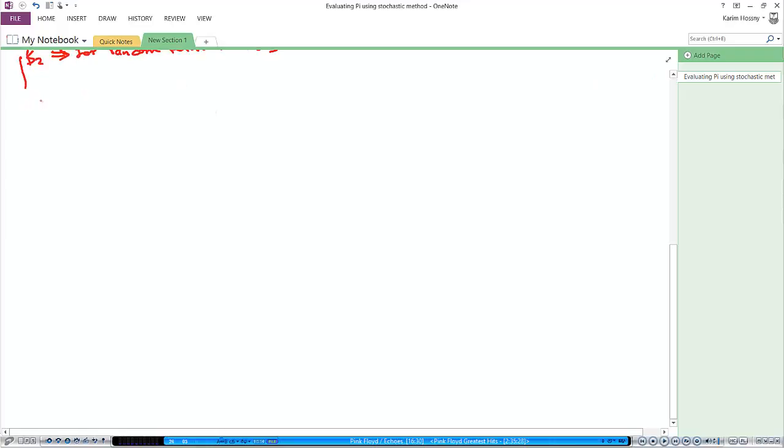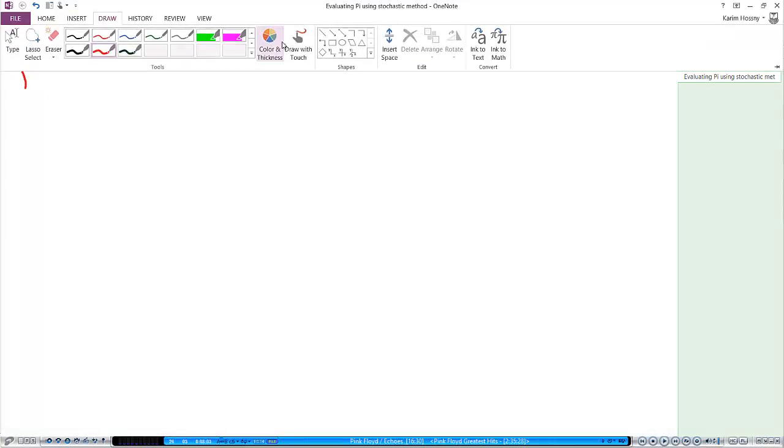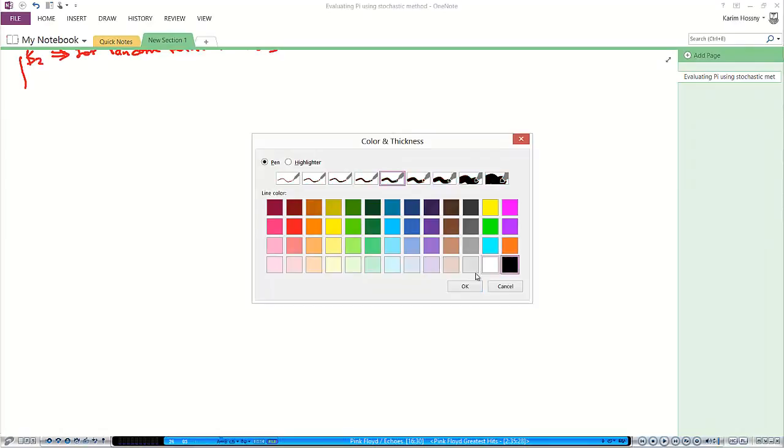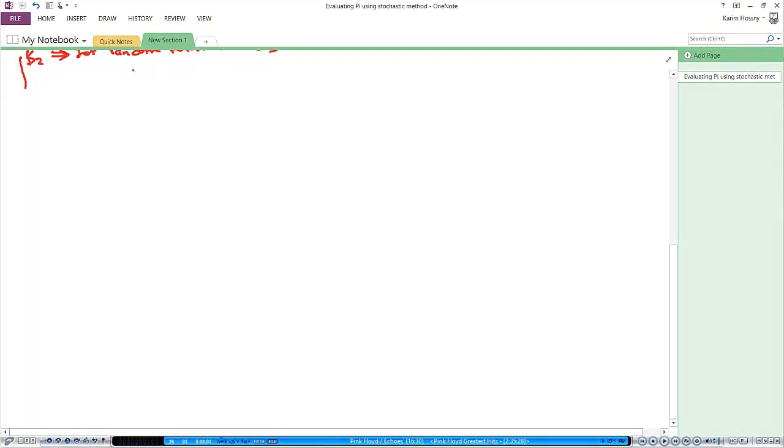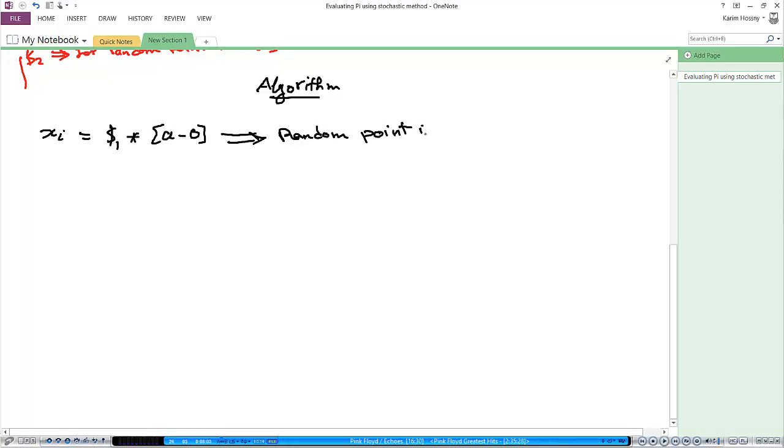Okay, then let's introduce a variable called xi. We're in the stage of making the algorithm to calculate pi. Xi equals the random number from 0 to 1, random number 1, multiplied by a minus 0, to give random points in the x direction.